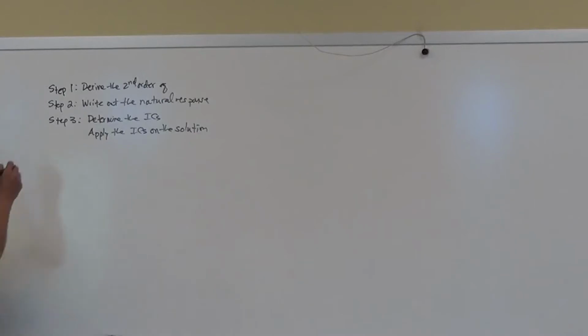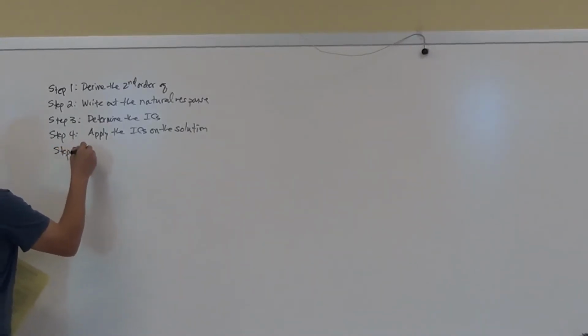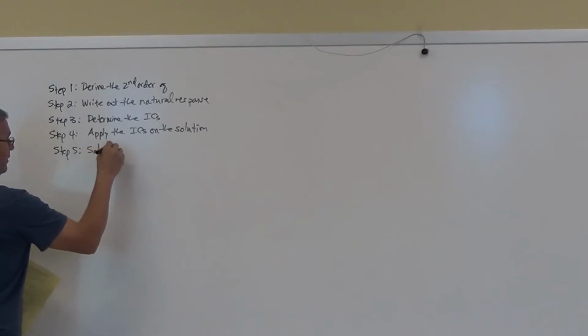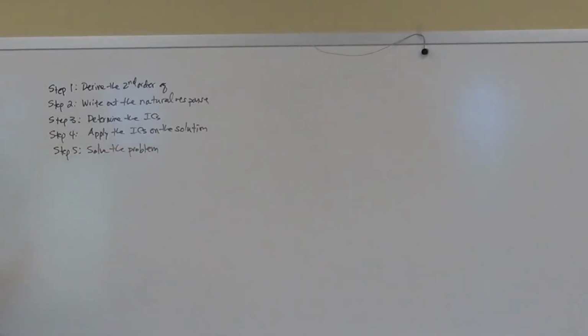Then I think I call this step 4. And then you'll have the solution after this, and then step 5, I believe, is solve the problem. So it's very similar to what we saw in chapter 8.